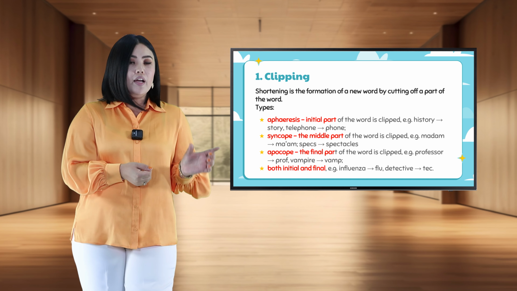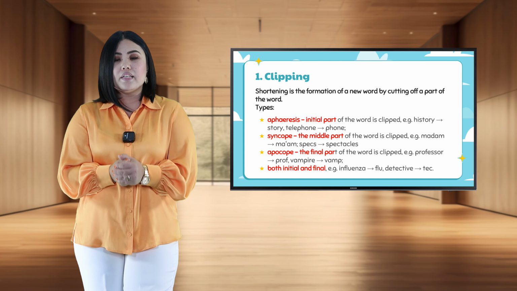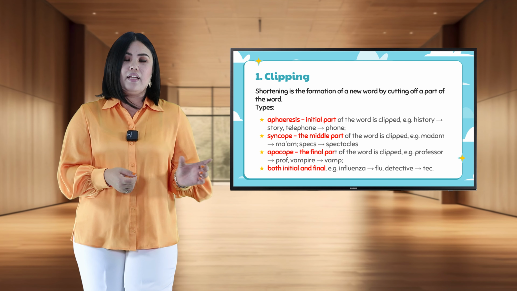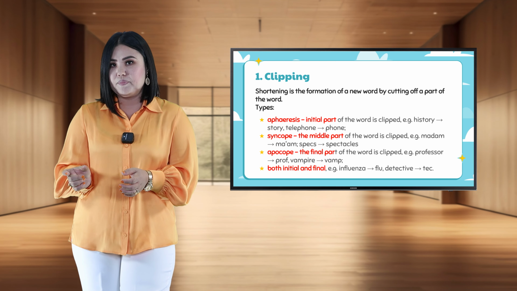Epicope: the final part of the word is clipped. For example, introduction, intro, professor, pro. And last type, complex clipping: both initial and final parts of the word are clipped. For example, influenza, flu, detective, tec.